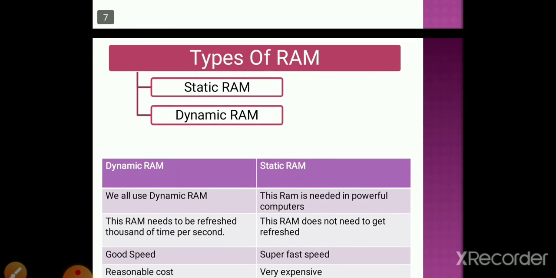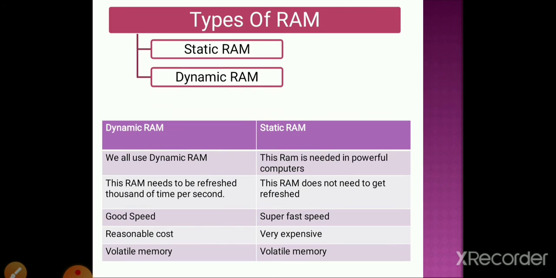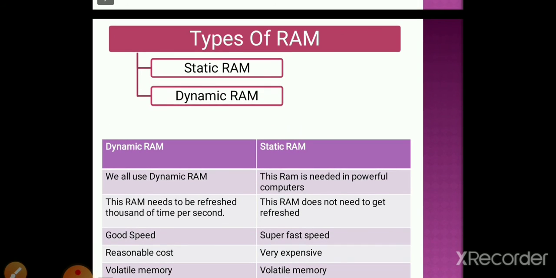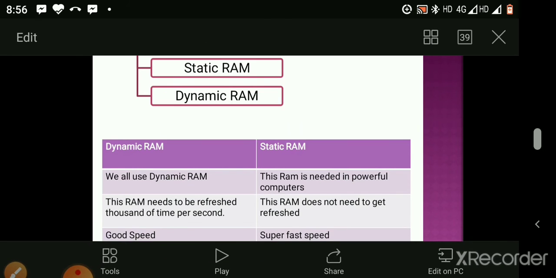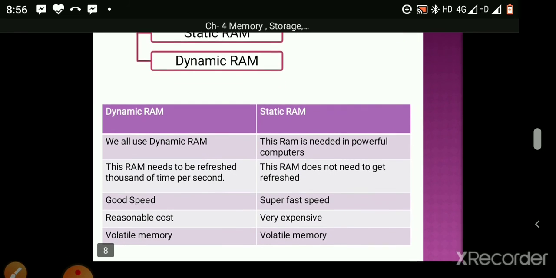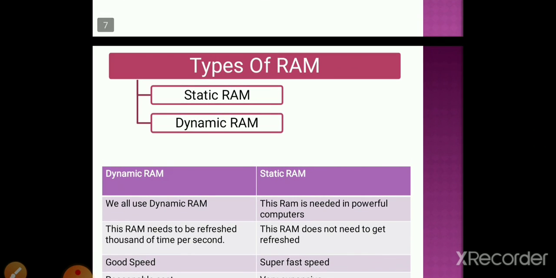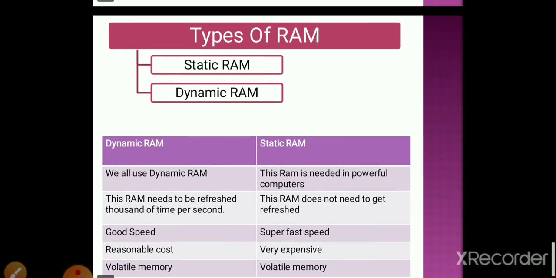Now let us discuss the types of RAM. There are two basic types of RAM. The first one is static RAM and the second one is dynamic RAM. The short form of dynamic RAM is DRAM.